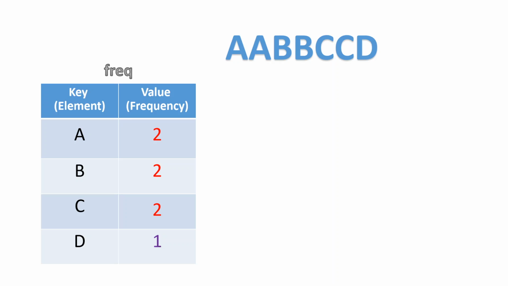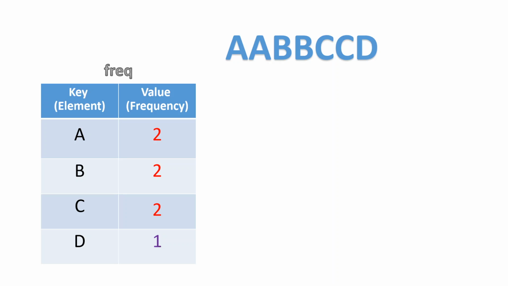Now we can see clearly that A is the element and the corresponding value is the frequency of that element. In a similar fashion, the remaining elements are filled in the hash map. Now with this hash map, it will be easier for us to determine which element we need to remove.